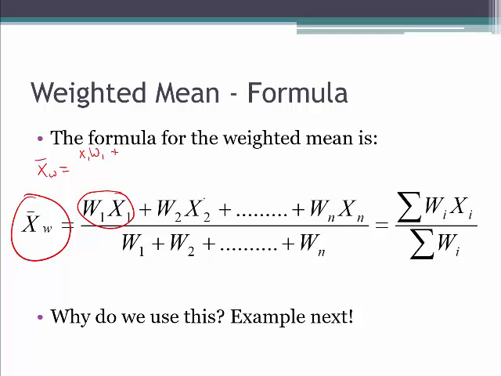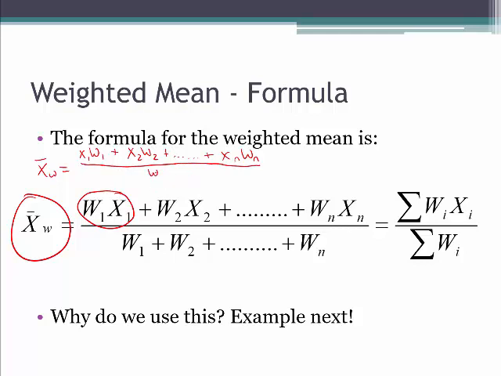And then you would add to it. You'd go to the second value in your data set, and you'd multiply that by its corresponding weight. And you'd keep going. You'd go through all the values in the data set, multiplying the original value by its corresponding weight. And this is really important. You do not divide by how many observations there are.